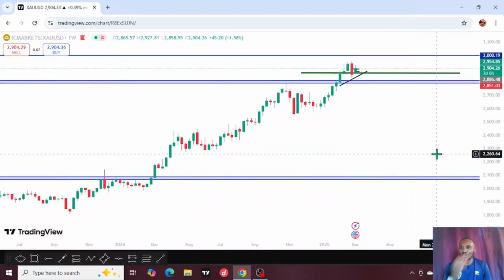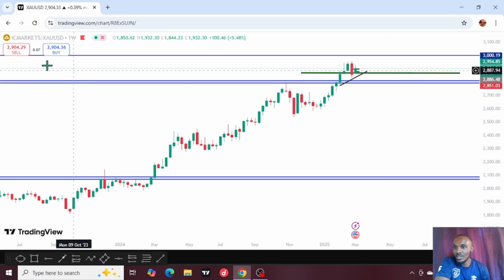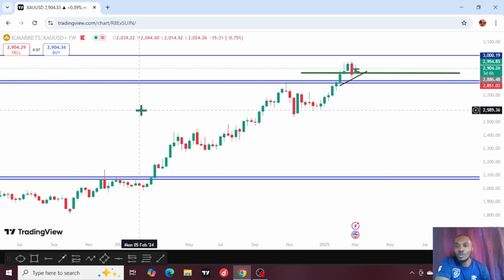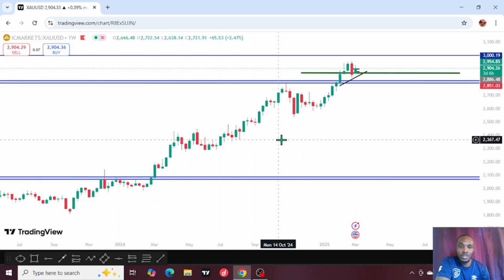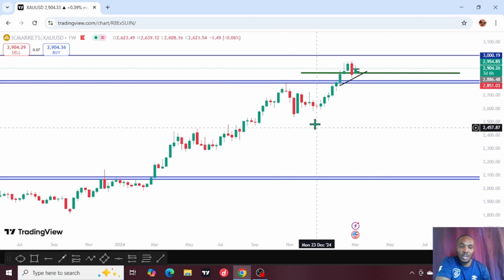Alright, so I'm going to start with gold. This is gold. XAUUSD is gold. I will just clean up these levels to make you understand the reason why I have them.